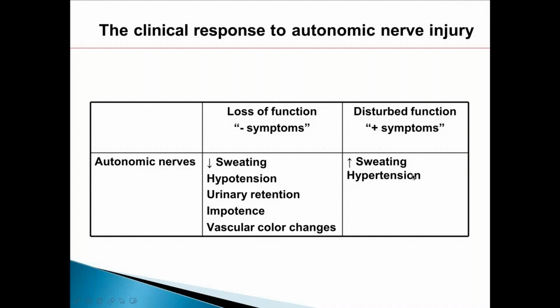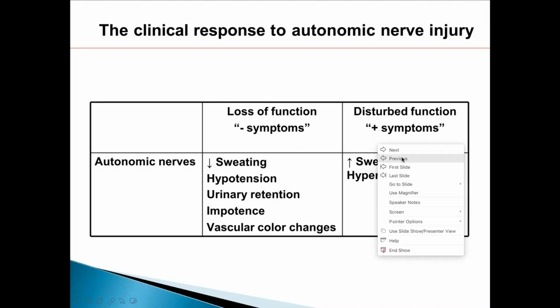See, hypertension has so many different causes, so any hypertension should not be attributed to autonomic nerve injury only. After ruling out the common causes, then you might put it in the whole picture, right? Don't take this as a singular symptom. Otherwise, this constellation of symptoms which I am pointing out might be present in dysautonomia. So what we have clinically described now is positive and negative symptoms pertaining to the sensory system, motor system, and autonomic nervous system. Let's go on.